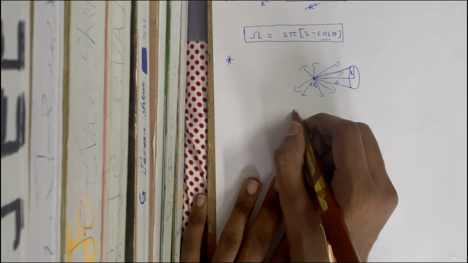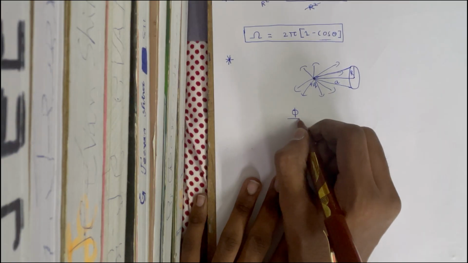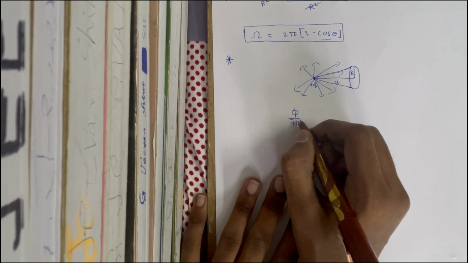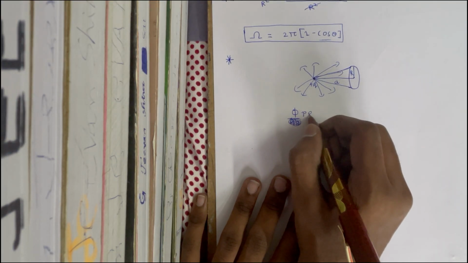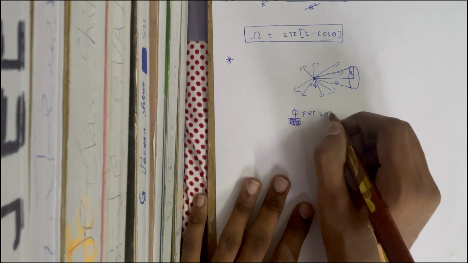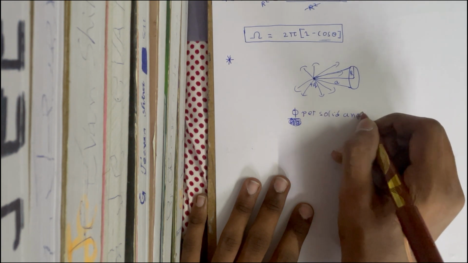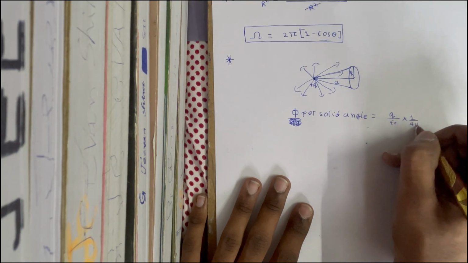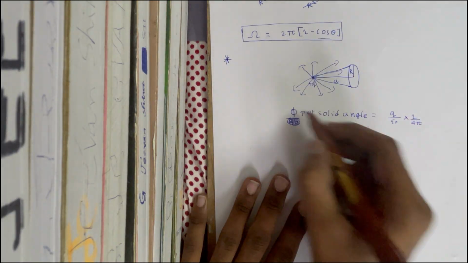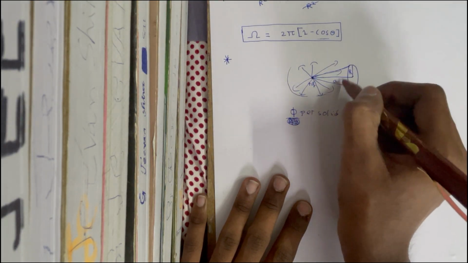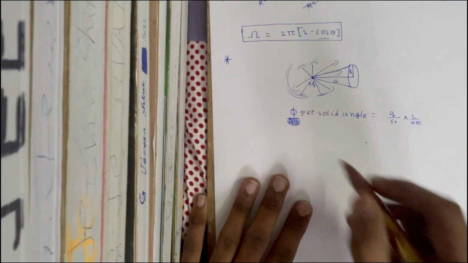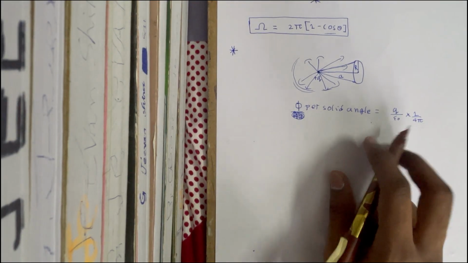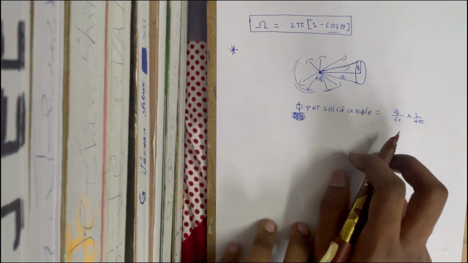So flux per solid angle will be q by epsilon naught into 1 by 4 pi, because if we assume a sphere here, the electric flux through this will be q by epsilon naught. So for unit solid angle, this will be q by epsilon naught into 1 by 4 pi.